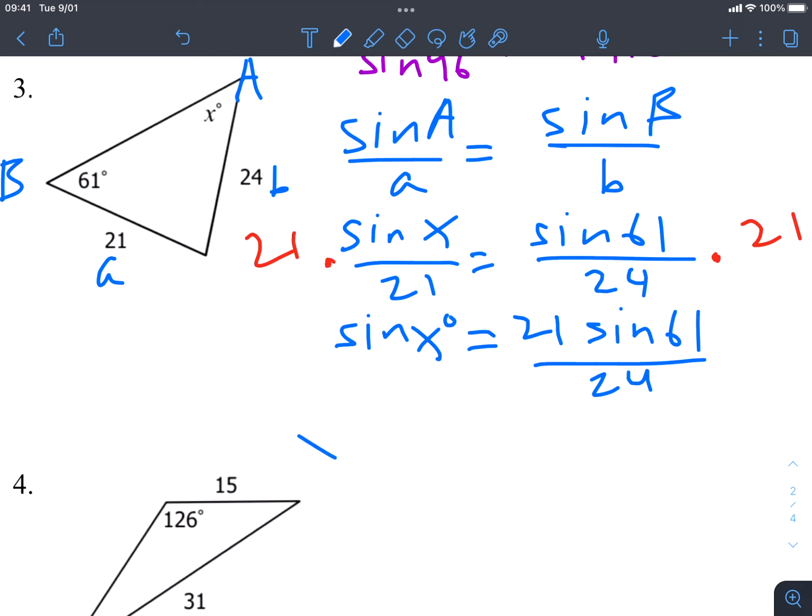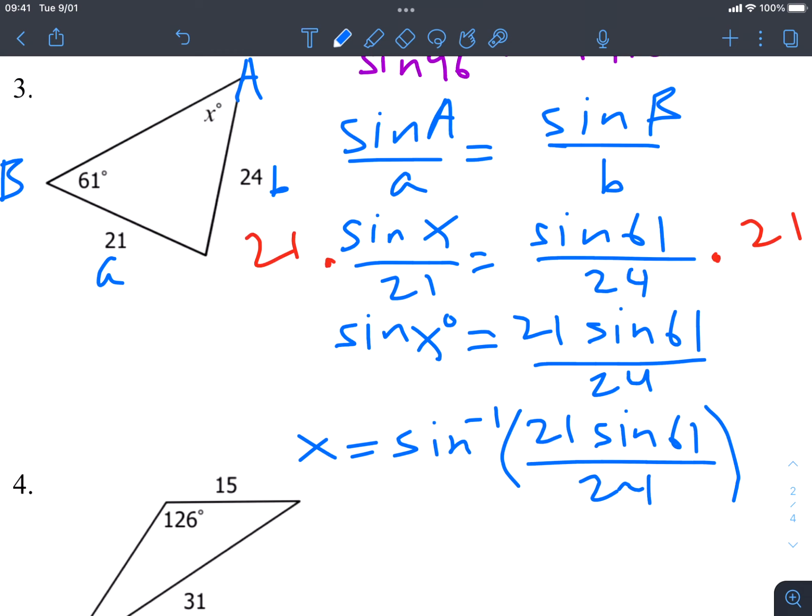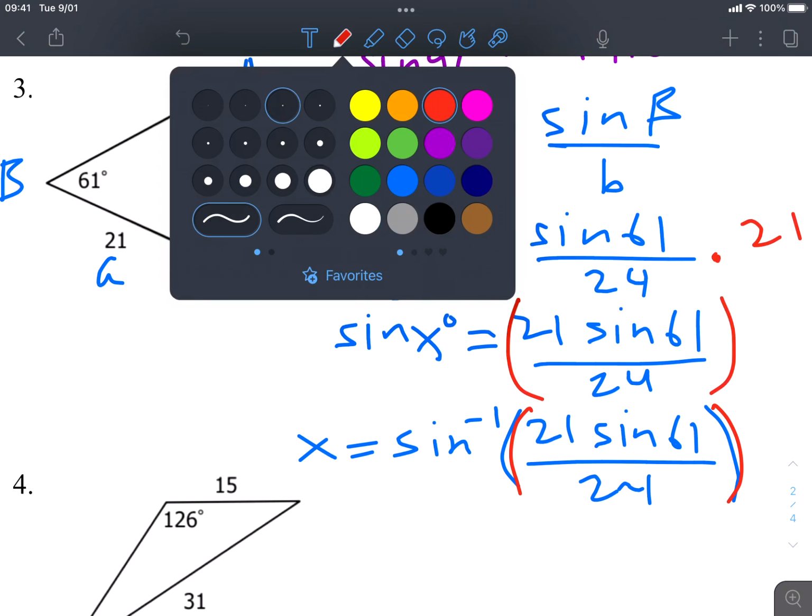So if I wanted to find x, I would do the inverse sine of this whole ratio. I'm going to take the whole ratio and figure out what that is and put it into my inverse sine function. So just to highlight this, I'm taking this whole thing and substituting it right here into my inverse sine function.